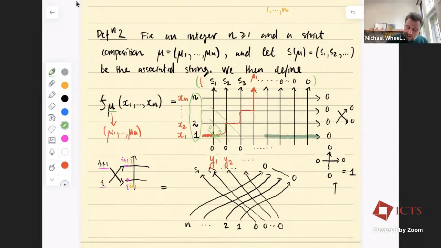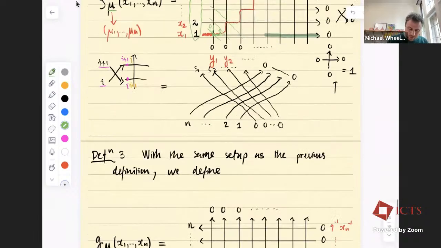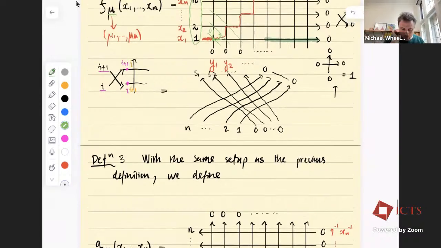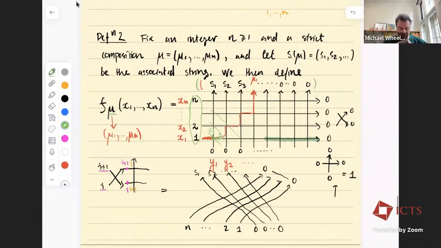Now, in terms of, sorry, can I? Yes, I'm a bit confused about this point. Could you scroll back up to the f mu, please? So as you're summing over mu, it's only the top part that is changing, right?